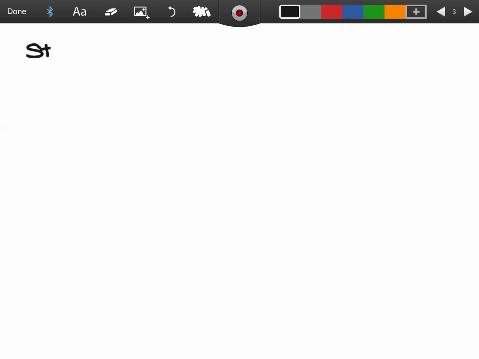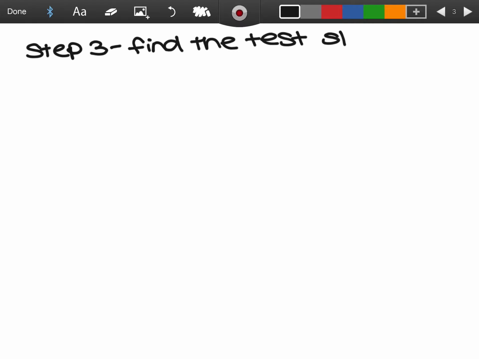Step 3 is to find the test statistic. Now this is going to look slightly different to what we had before, because everything that we had before was dealing with this Z transformation or a T transformation, and it was dealing with proportions and means and all that stuff.